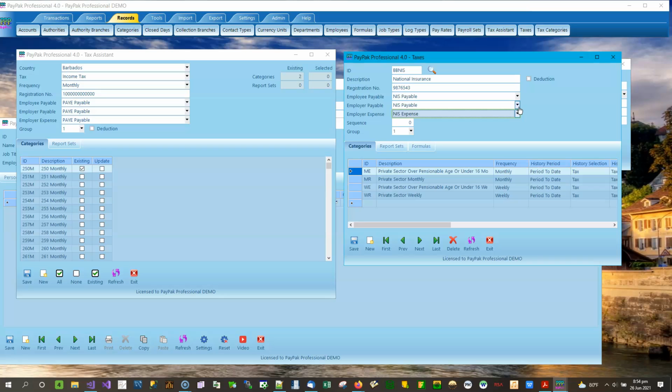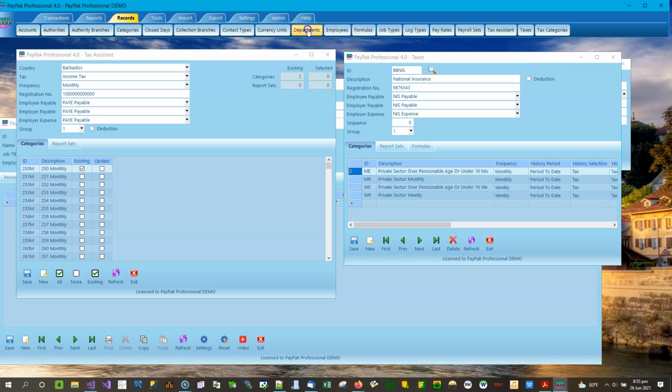You may have a company with maybe a sales department and a service department and an admin department, and the company may wish to have this employer expense allocated to more than one account, and not just one account. How that is handled is through departments.